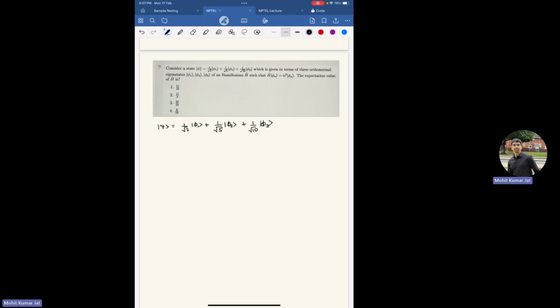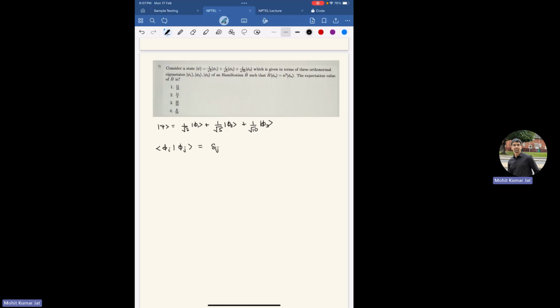What it means is that phi i with phi j will be delta ij. That is, for i equal to j, it will be 1. Otherwise, it will be 0. That's what it means.